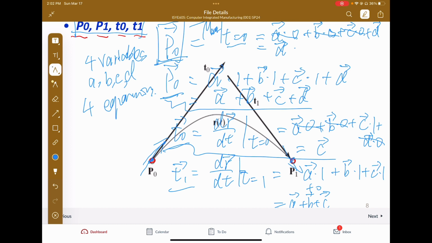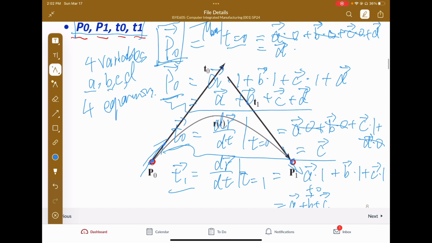So in this way, we can get the values a, b, c, d by using these 2 points and 2 tangents.